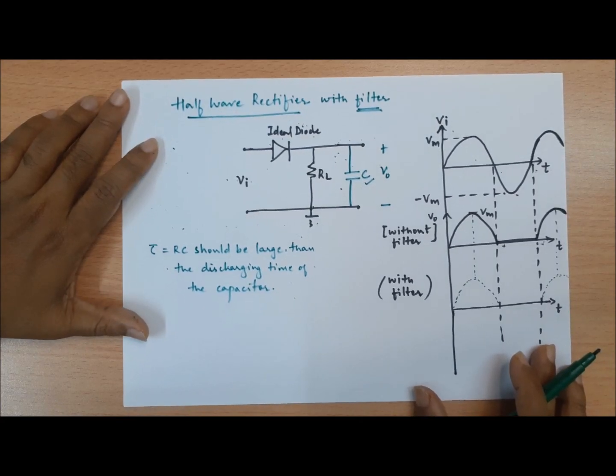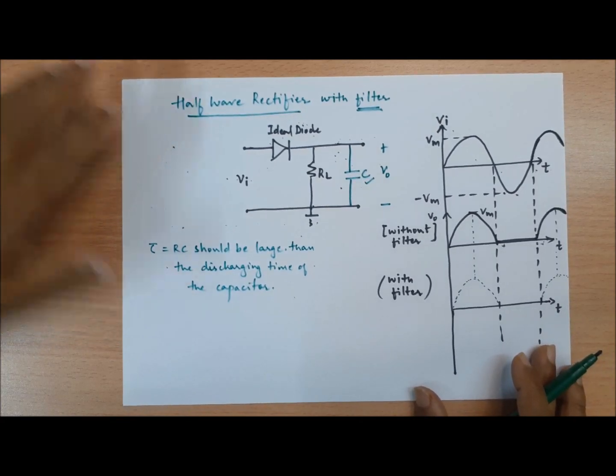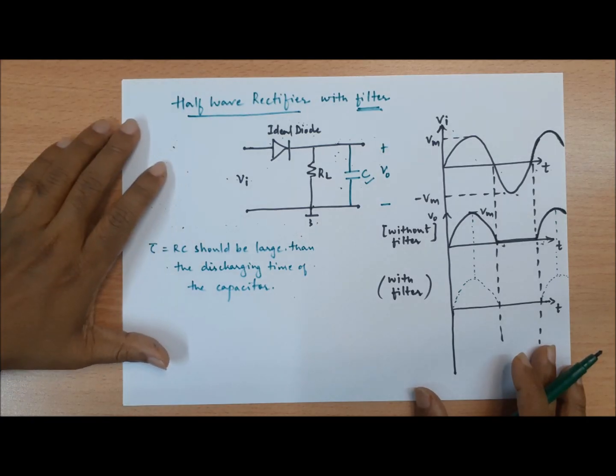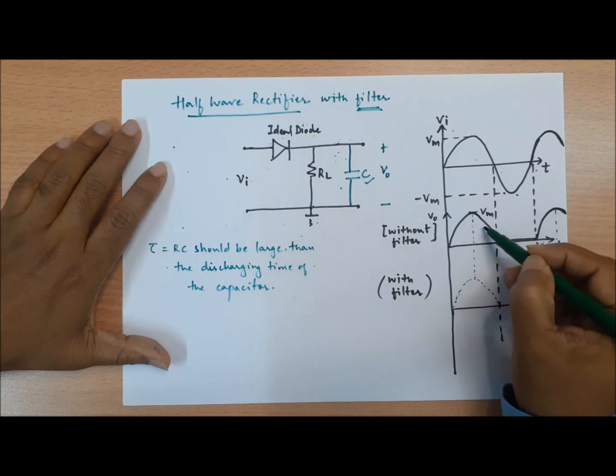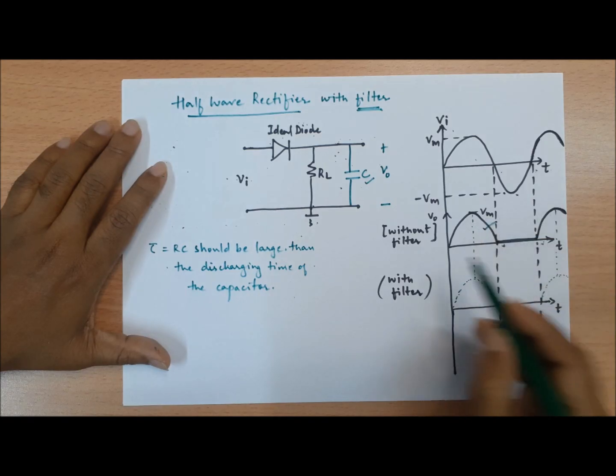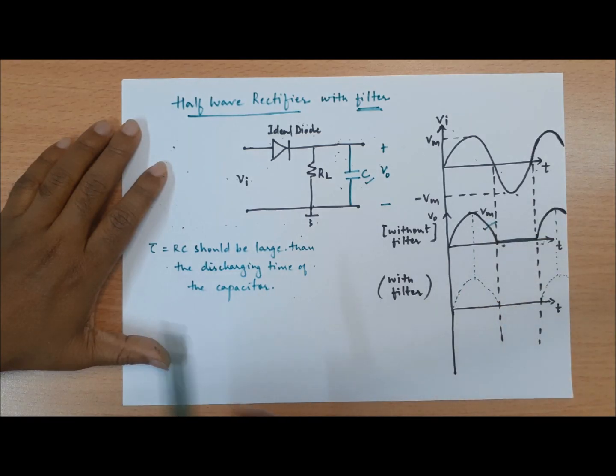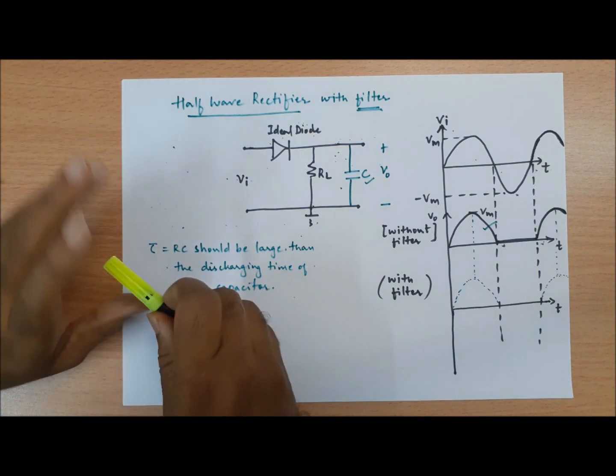Okay, so how will that be reflected in the output waveform? This is the output of a half wave rectifier without filter. With filter, how does the output look?